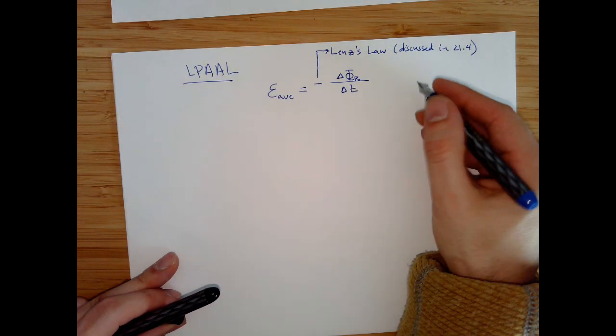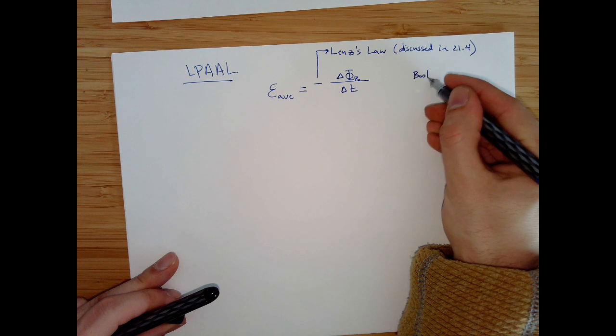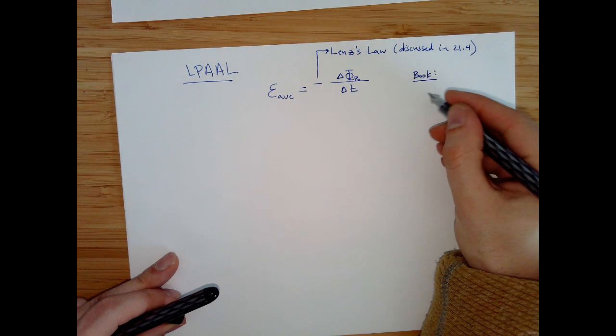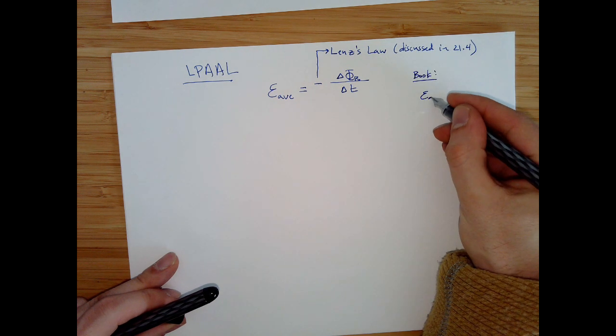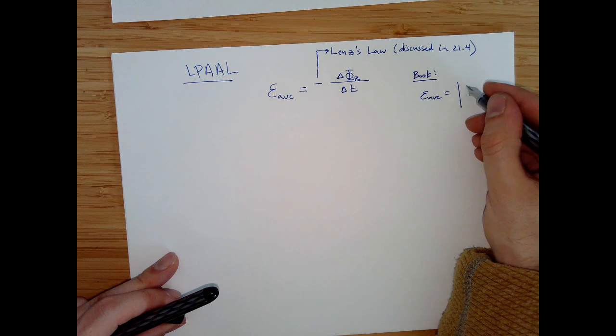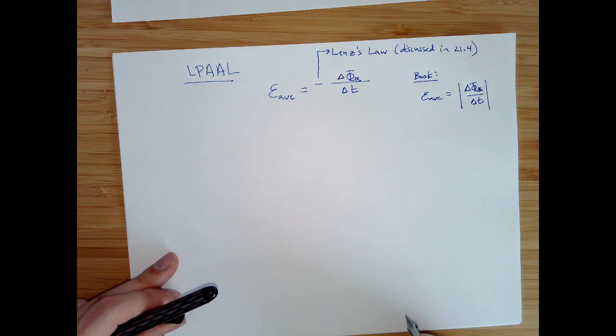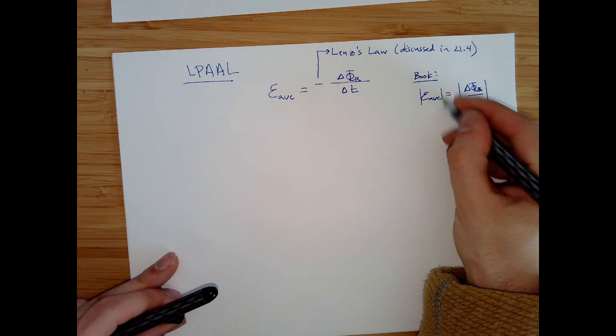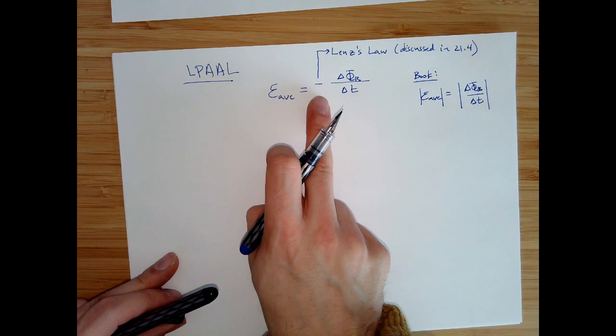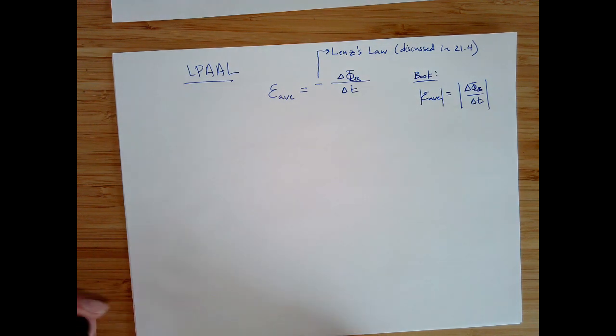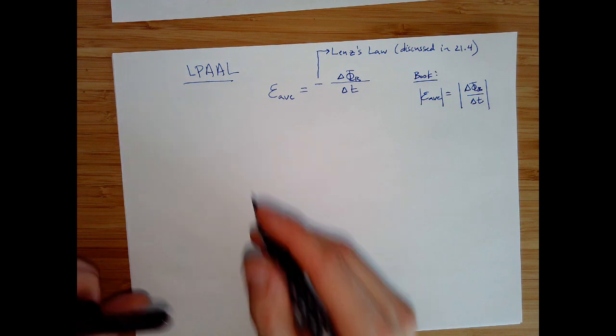We might note that your book gives Faraday's law as an absolute value, so it gives it equal to delta phi over delta t in absolute values, because it separates its discussion of the negative sign for the next section. So we're going to put it all together, don't worry.